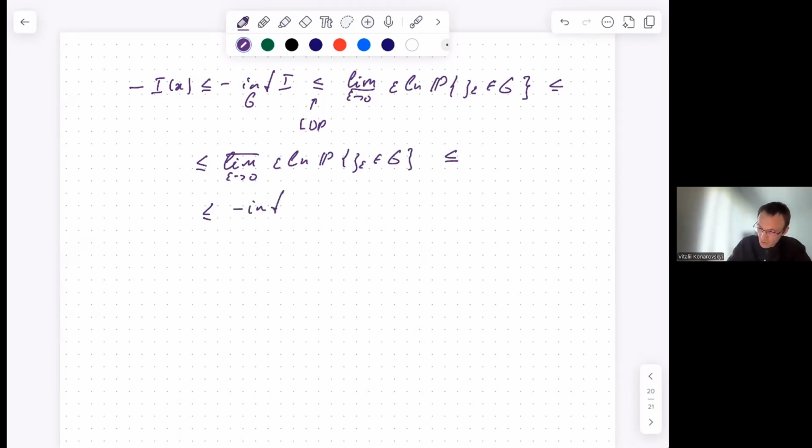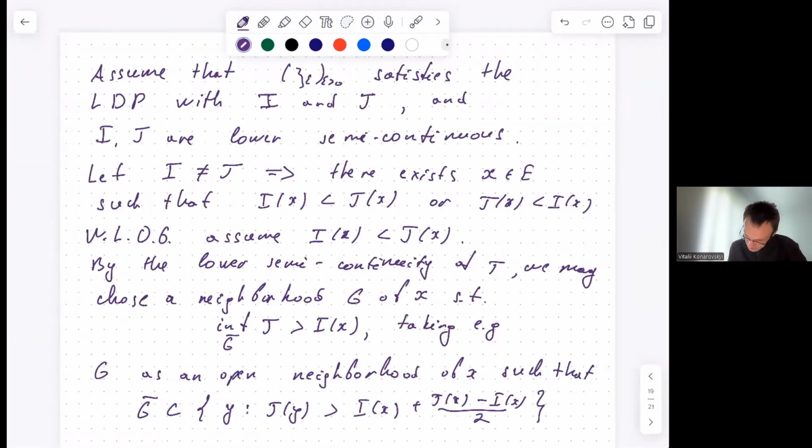But now you also have that this family satisfies the large deviation principle associated with G. So therefore, you can use here the function G. And now you take G closure. But you see, you choose that set G closure such that this infimum is larger than I of x.